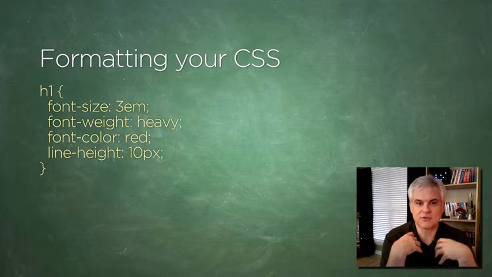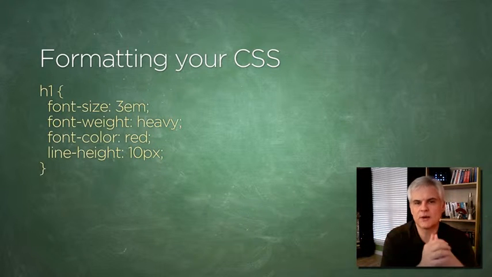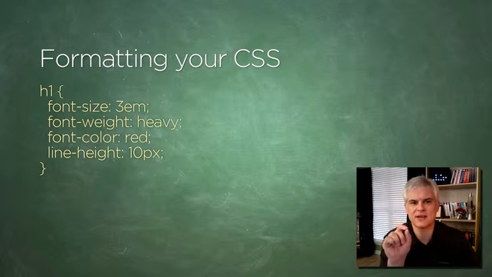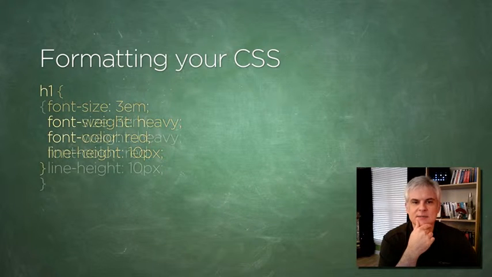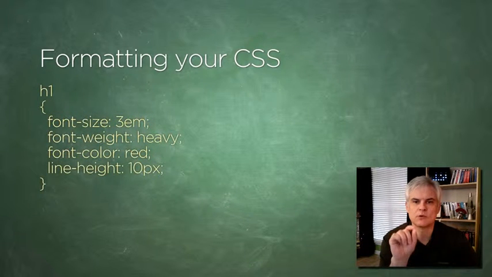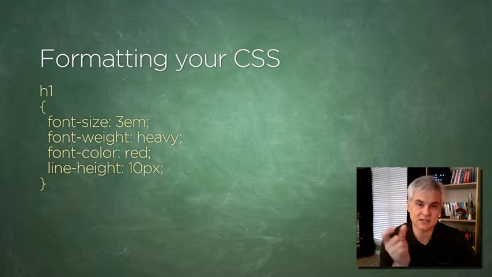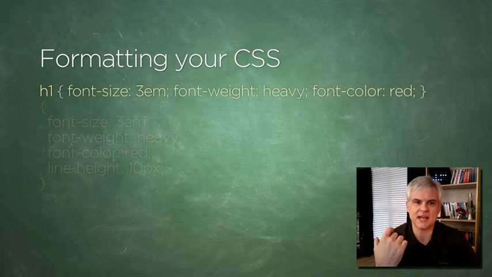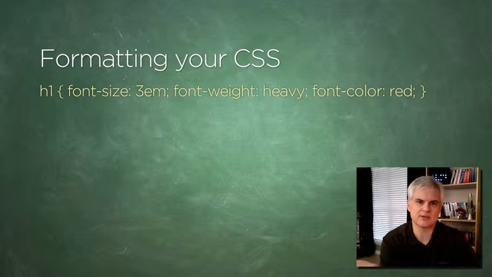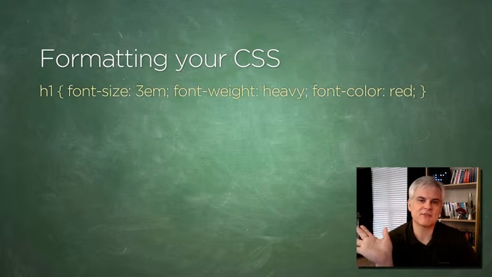First, there's what I would describe as the clearest way to write your CSS, where you separate everything out on its own line. Some people even prefer to add one more space between the style selector, in this case H1, and that opening curly brace. And then there's some people on the other end of the spectrum who prefer to keep everything on one line.